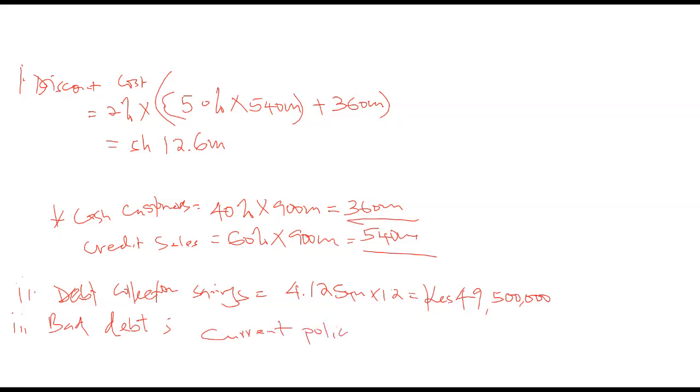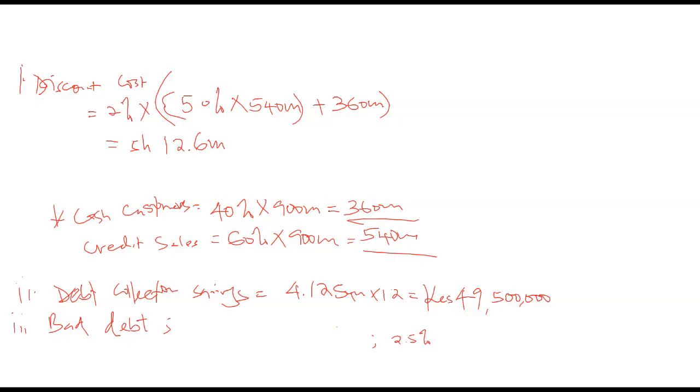In the current policy, bad debt is 2.5% of credit sales. And the sales are not changing. They're not changing, so I think we can just go straight and do the decrease without having to do the current policy and proposed policy.